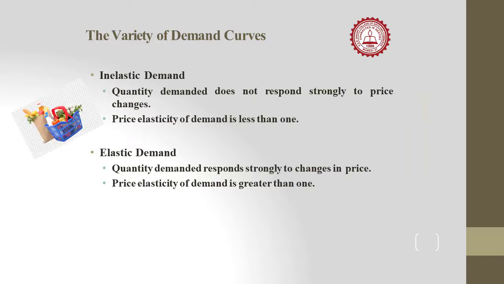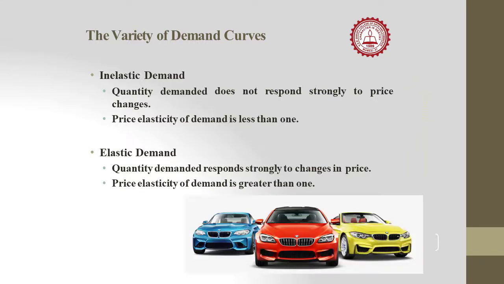We can cite necessary and essential goods and services under the category of inelastic demand. Elastic demand, on the other hand, is a type of demand curve where quantity demanded responds strongly to the changes in the price and the price elasticity of demand is greater than 1. For example, we can cite comforts and luxuries in the category of elastic demand.